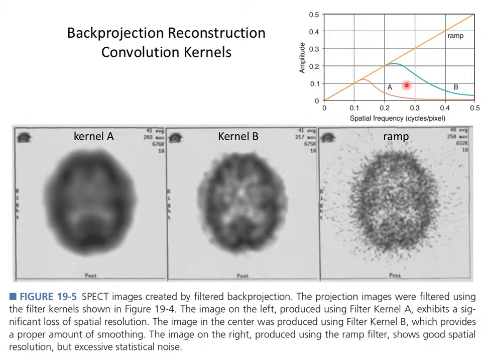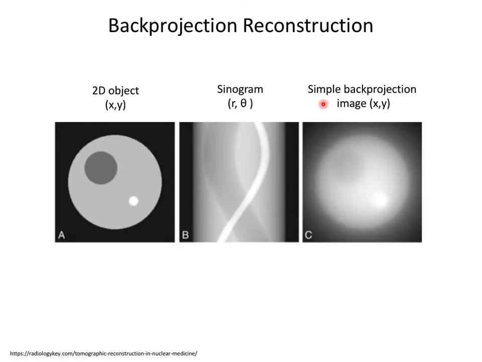How to describe this without knowing the 2D transform? Well, to get the accurate representation of the object, the raw data itself, this stuff along the R direction, needs to be convolved with a ramp function, or the Fourier transform of a ramp function.